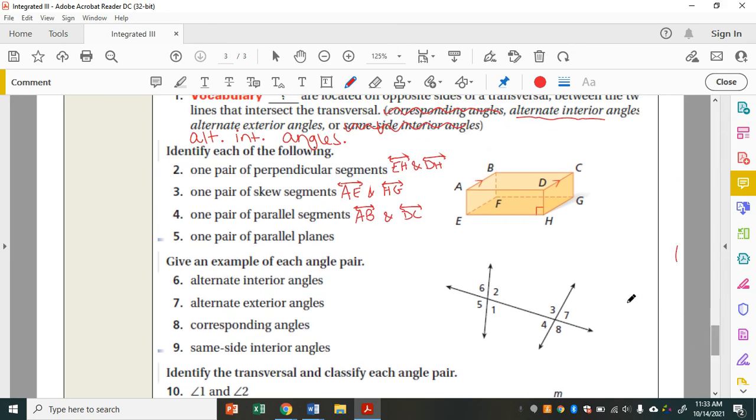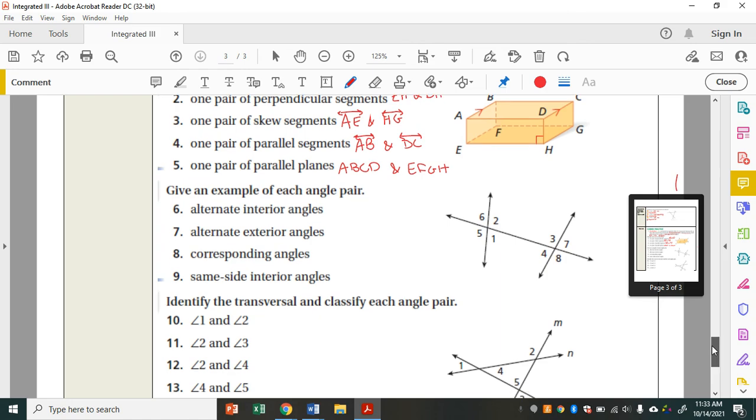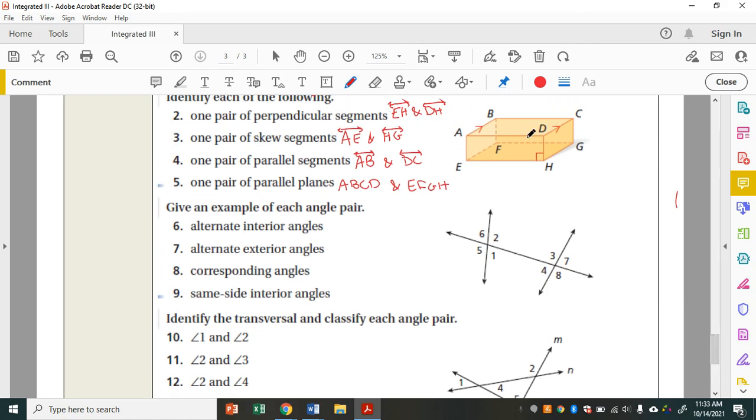And then one pair of parallel planes, multiple examples. I'm just going to choose the top and the bottom. I said ABCD and EFGH. Those are parallel planes there. You could have done the left and the right sides. You could have done the front and the back. I just chose the top and the bottom.